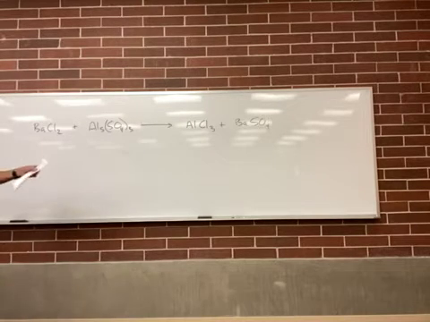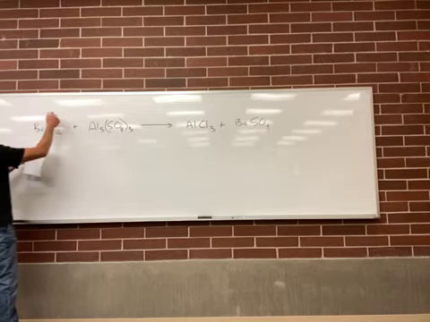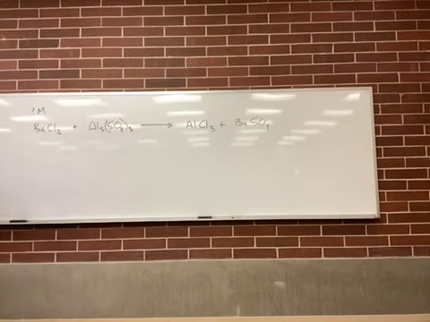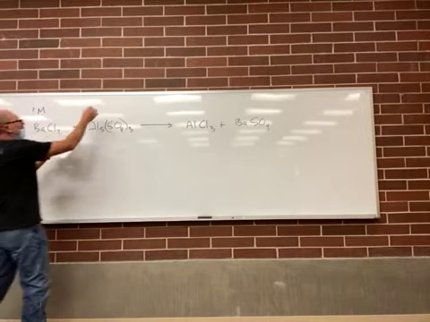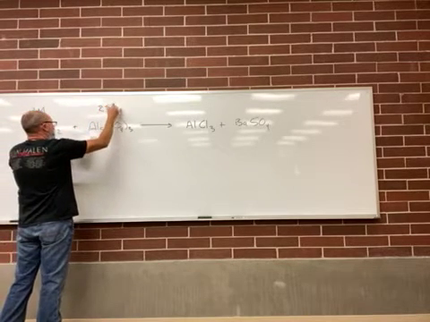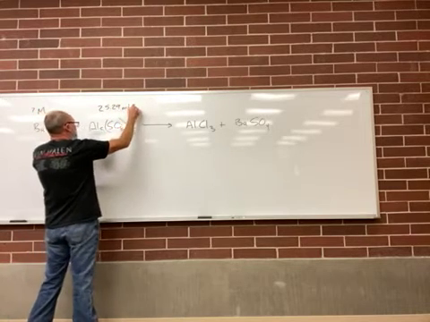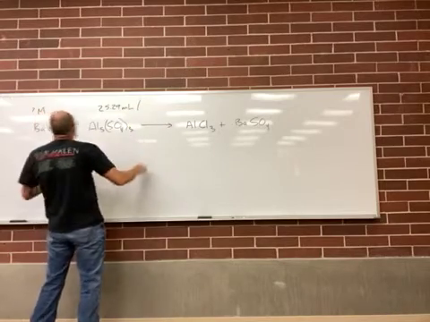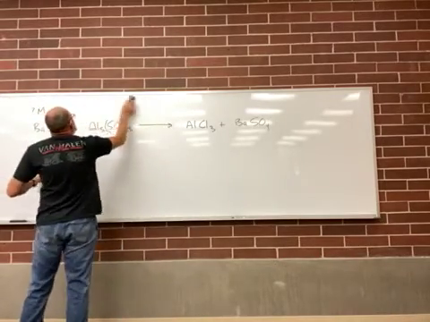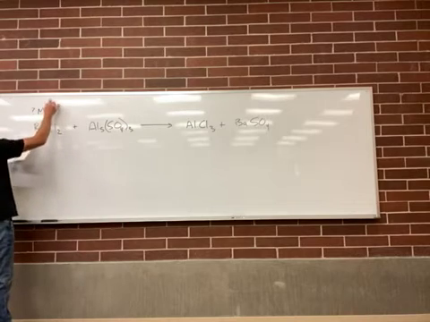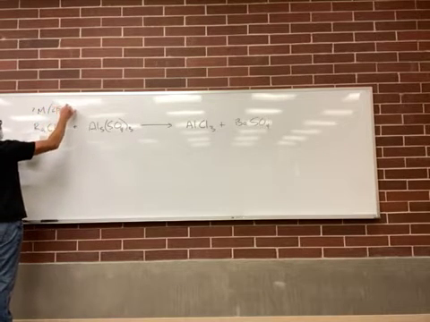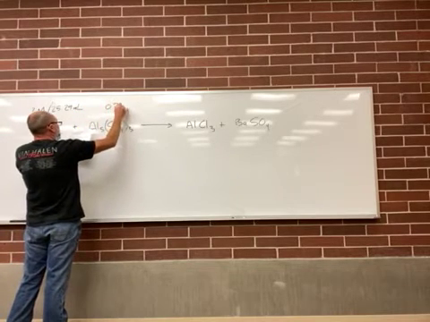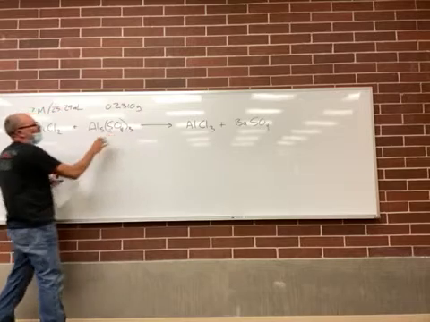Okay, so this one says calculate the molarity of barium chloride if 25.29 milliliters reacts with 0.231 grams of aluminum sulfate.